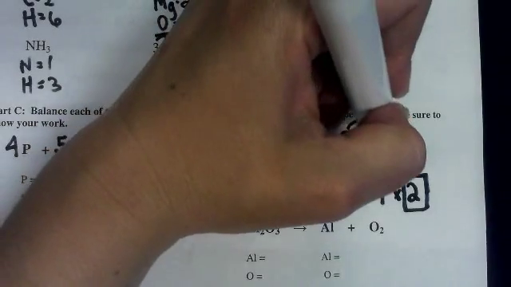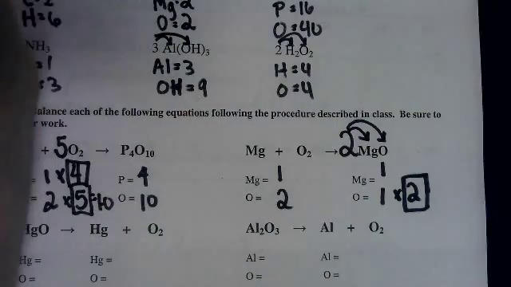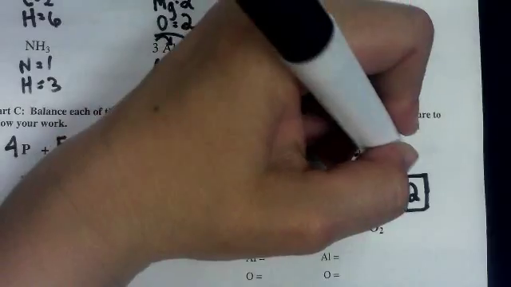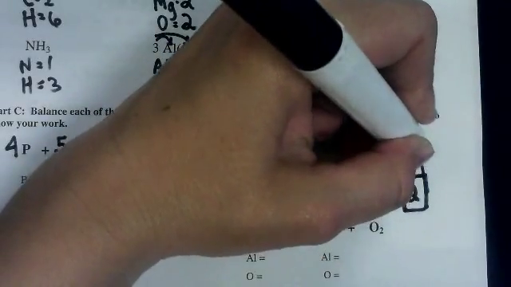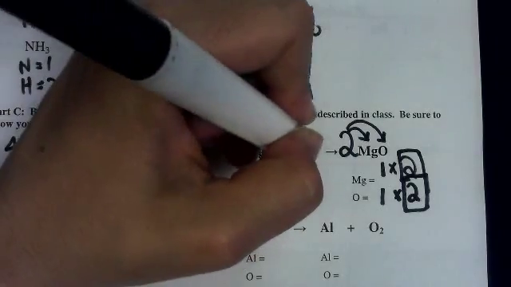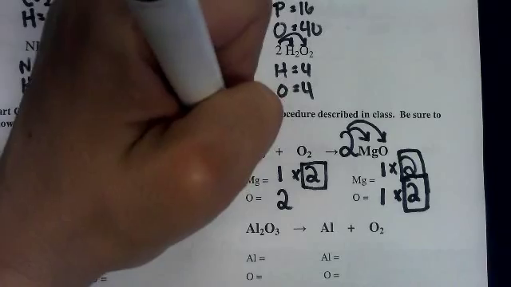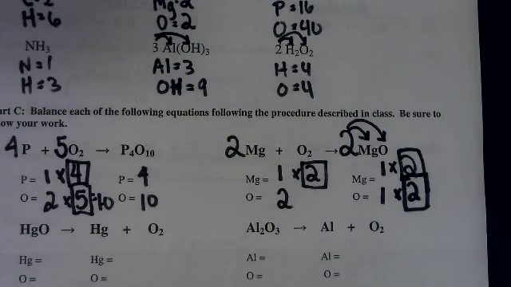But remember, that distributes. If it goes to the oxygen, it also goes to the magnesium. So we're going to multiply the magnesium by 2. So I've got to go back to my other side and balance out the magnesium. And that becomes 2 Mg plus O2.